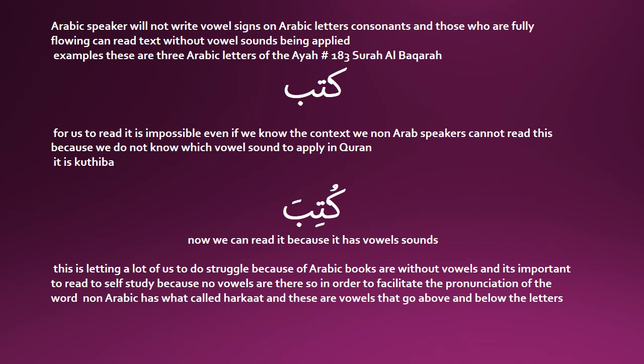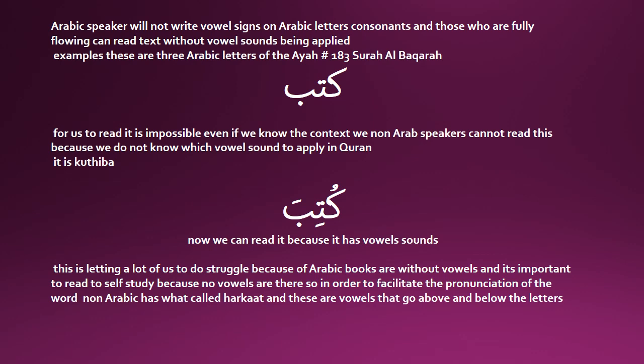Arabic speakers will not write vowel signs on Arabic letters, the consonants, and those who are fully fluent can read text without vowel sounds being applied. For example, these are the three Arabic letters of ayat 183 of Surah Al-Baqarah. Kaf, Tha, Ba. For us to read it is impossible.